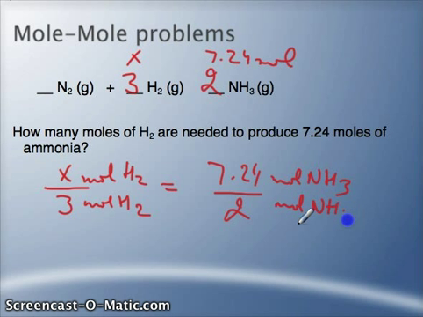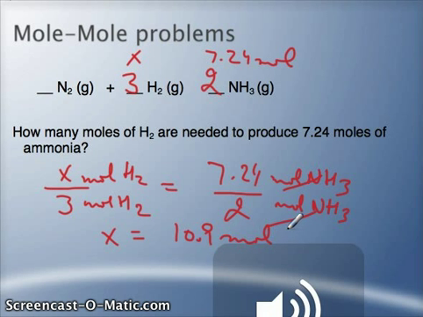So again, these are the things that are going to cancel out, and you're going to be left with an answer for moles of H2. Again, you're just going to solve for X, and in this case, X is going to end up being 10.9 moles. And again, also put the compound that you're looking for. That's going to be H2.